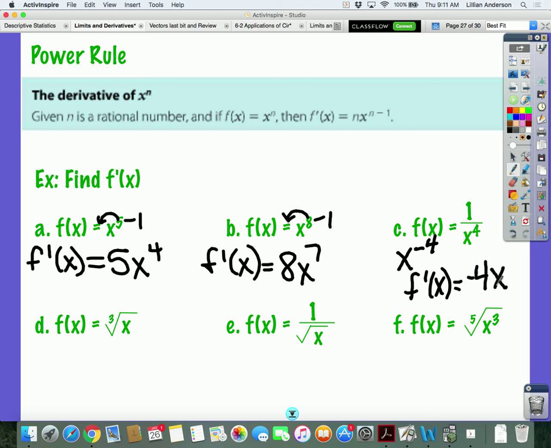Well, not to the 3rd, actually to the what? Negative 5th. But then you want to write it as a positive, so it'll be negative 4 over x to the 5th. I'm running out of space, but I would include the notation. Does everybody see that? Bring the exponent to the front, subtract 1, and then make the exponent positive. Okay? Make your exponent positive.